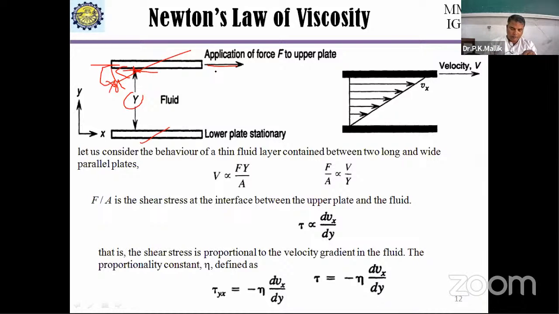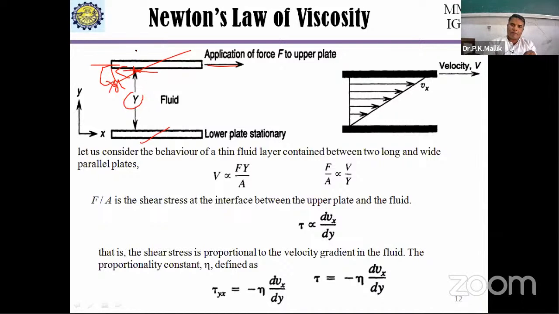As long as this is going on, a steady state is reached. At this stage, the applied force F is balanced by the shear force, and the upper plate has a constant velocity also.